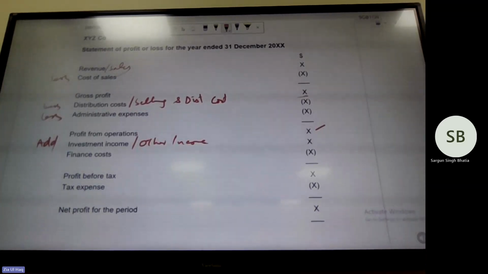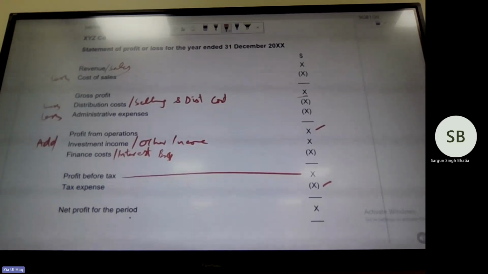We have deposited some extra money into a savings account and we are receiving interest, that will be called other income. And then we will deduct the finance cost. What is finance cost? Interest expense. So we will arrive at profit before tax. And from this, we will deduct the tax expense and we will arrive at net profit for the year.